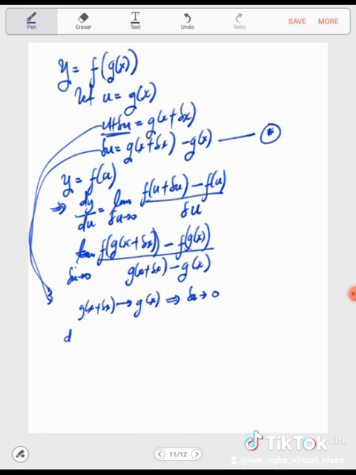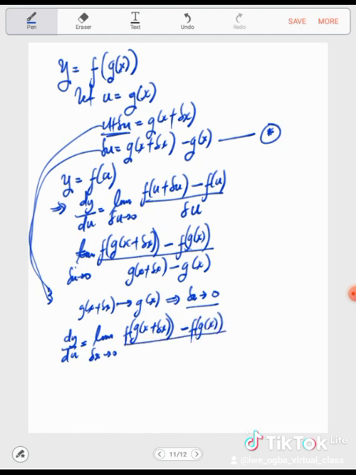So as such, we could equally write the limit as change in u, which by implication means change in x, approaching 0 of f of g of x plus change in x minus f of g of x.